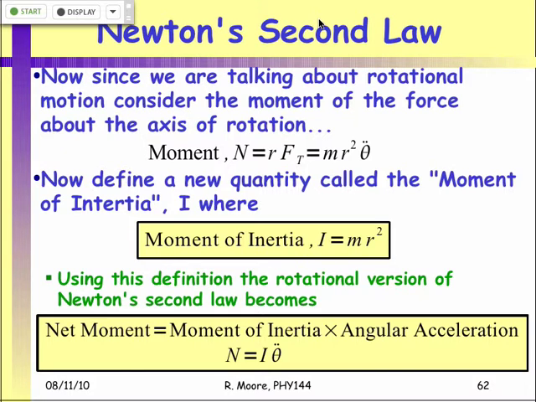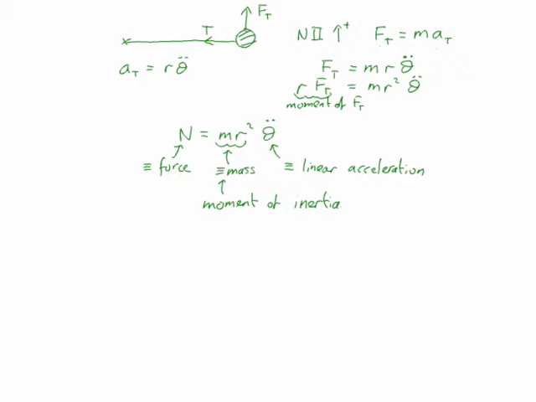And this makes sense because if I've got a mass on the end of a string here, and I have a particular angular velocity, I've got a linear acceleration that's equal to r times theta double dot.